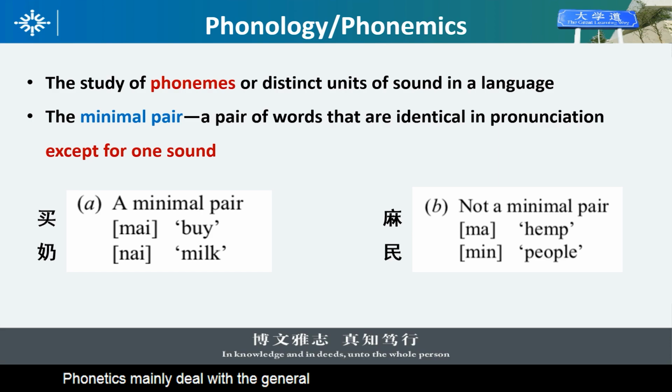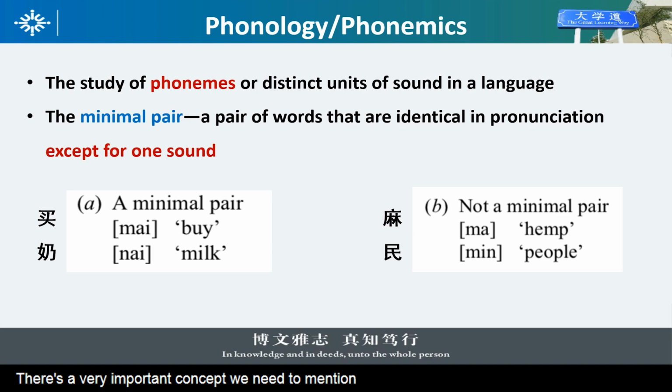Phonetics mainly deals with the general information of all the pronunciation of human languages, but phonology or phonemics focuses more on a particular language. Here in this context, we are discussing contemporary Chinese. So phonemics is the study of phonemes, or distinct units of sound in a language.